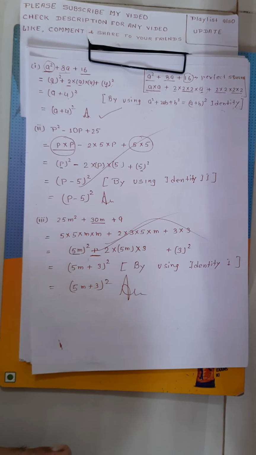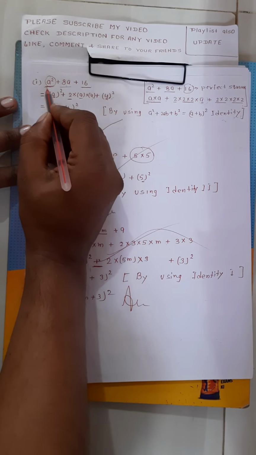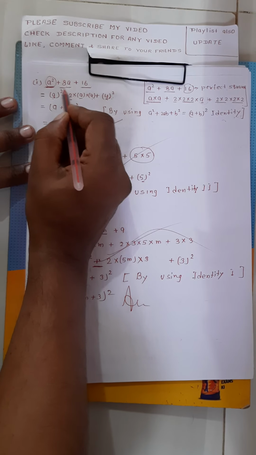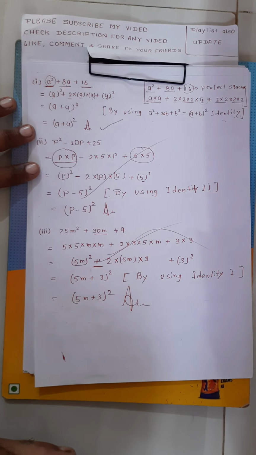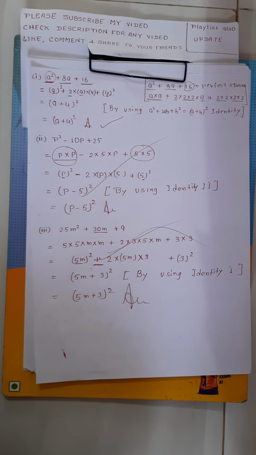Now we start question number one. What is our question? Our question is a square plus 8a plus 16. First we check: can we take out a common factor or not?